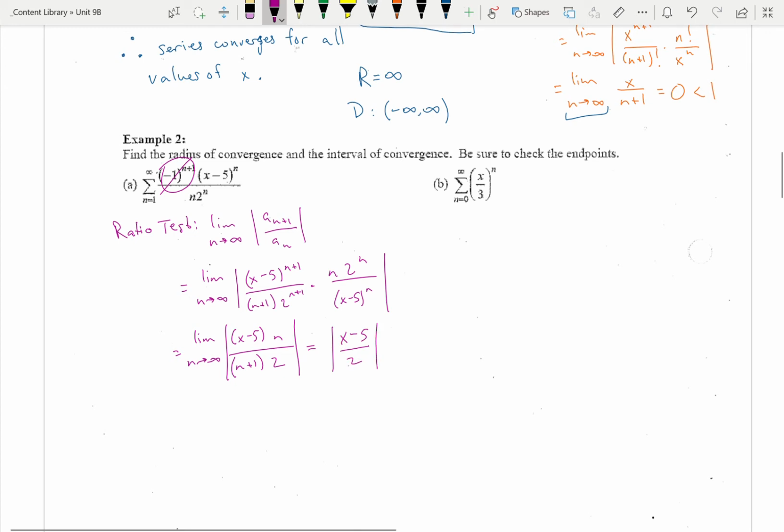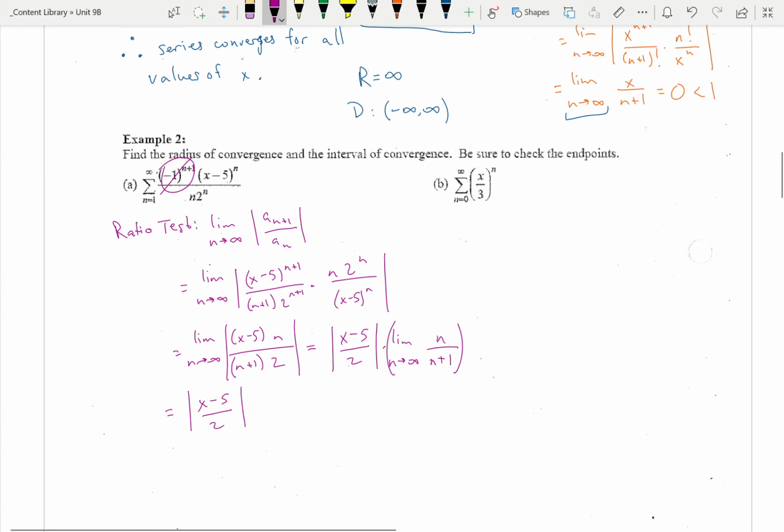That part doesn't have anything to do with the limit. The only thing that we're taking the limit of is the stuff with n in it, and that might help clean up the expression a little bit so we can see what happens. And when we look at this limit, it should be clear that that limit equals 1. So 1 times the absolute value of x minus 5 over 2.